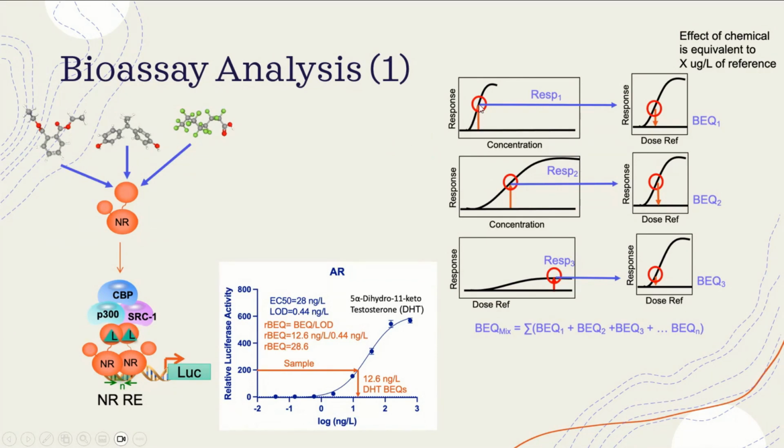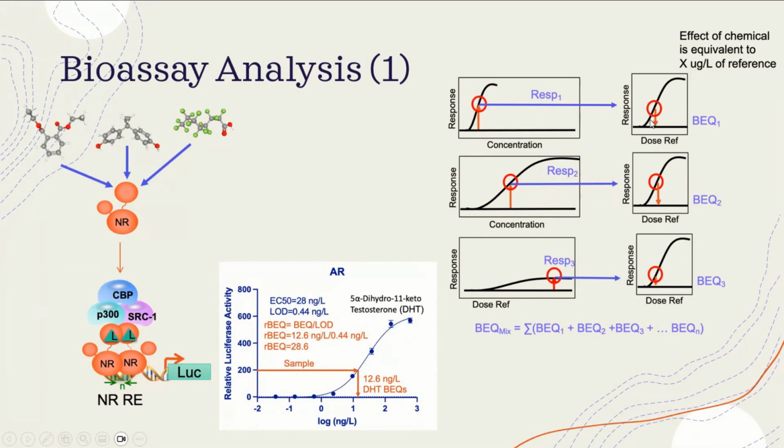So this first chemical may have a high level of activity but is present at a low dose. This chemical is medium as far as potency, but is present at a higher concentration. And this chemical has low efficacy, but it's present at a high concentration.